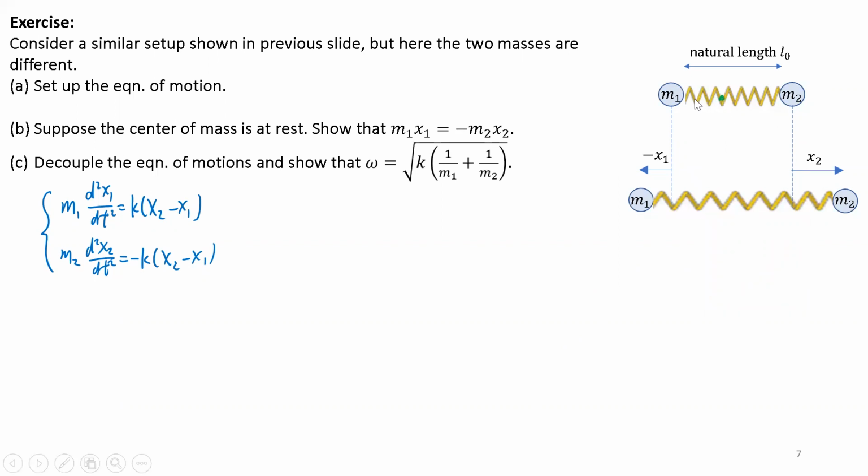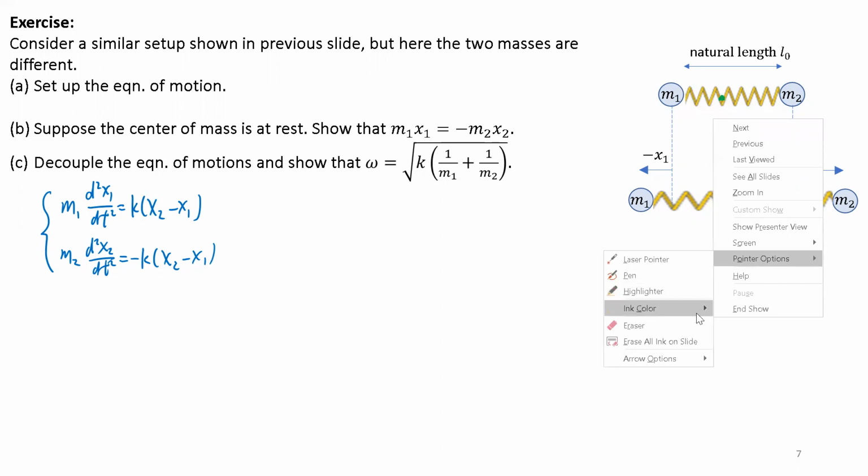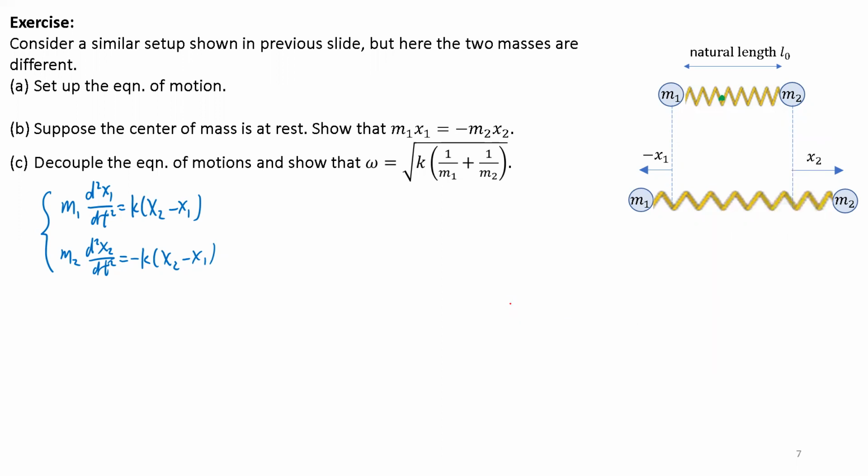Of course, it depends on whether M1 is greater than M2 or M2 is greater than M1. But just imagine that M1 is slightly bigger, which is why you can see that this green point is a little bit to the left.